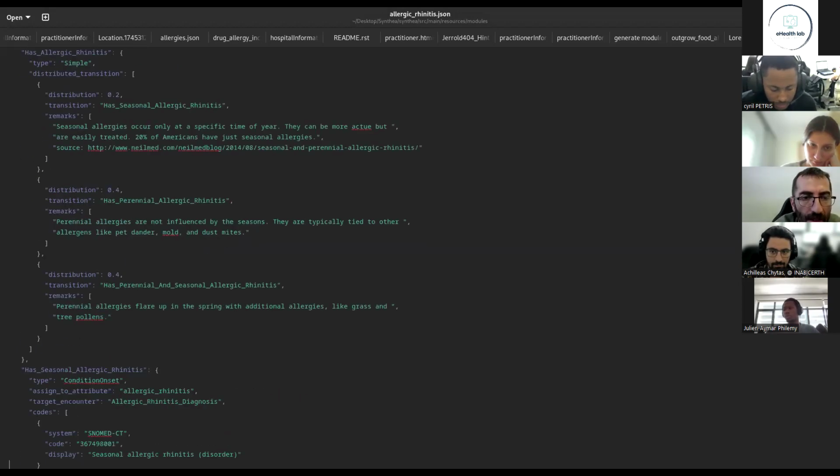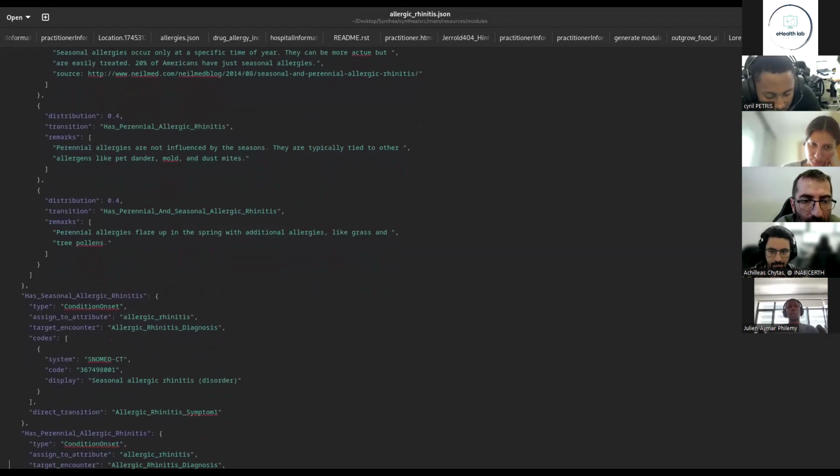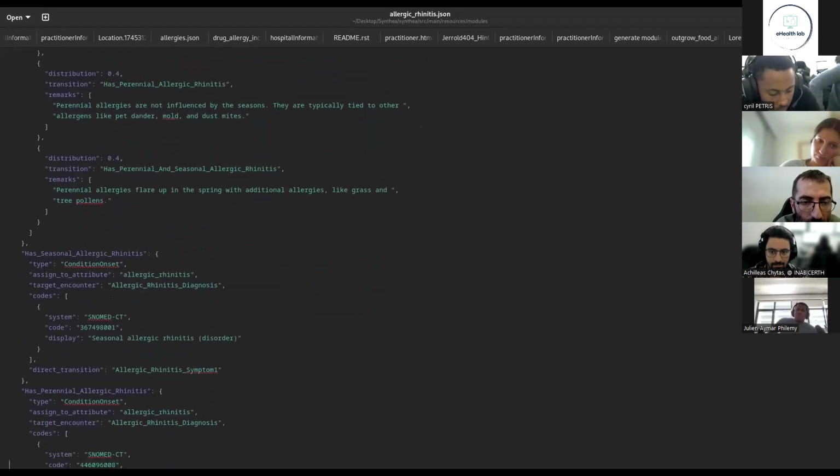So you see here, for example, when somebody has allergic rhinitis, he might also have seasonal allergic rhinitis, which is a conditional onset, which means that seasonal allergic rhinitis, I guess, is only possible if the patient has allergic rhinitis, right?